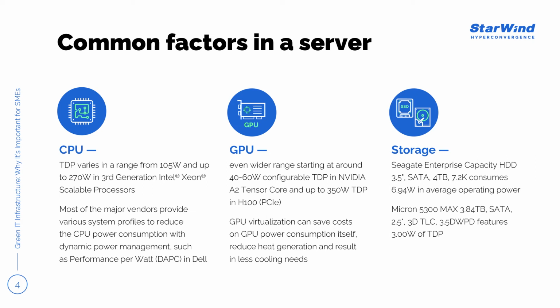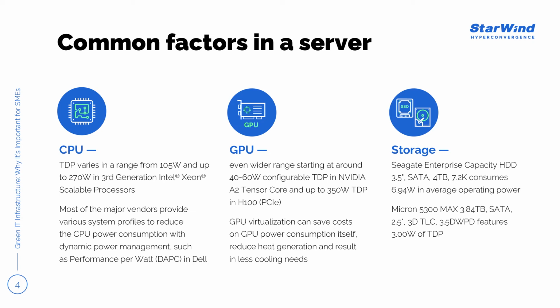Now, the next part here is GPU. Again, this is not something used commonly in all servers, and it depends on your specific workload whether you need it or not. However, GPUs are even more power consuming than CPUs, and their range varies significantly.